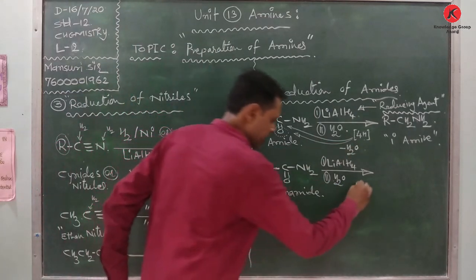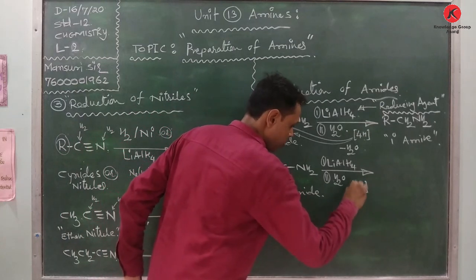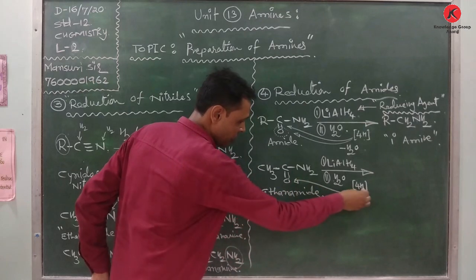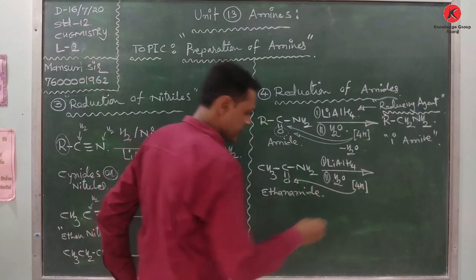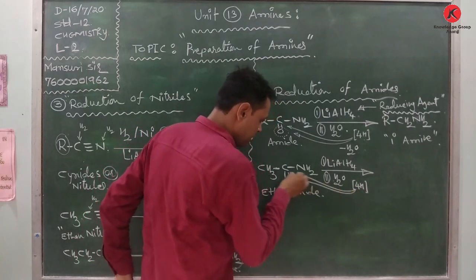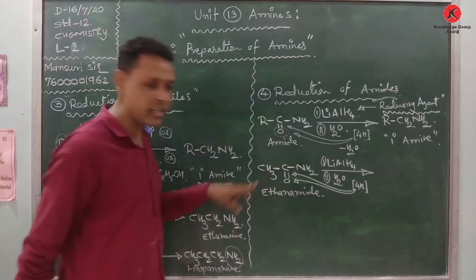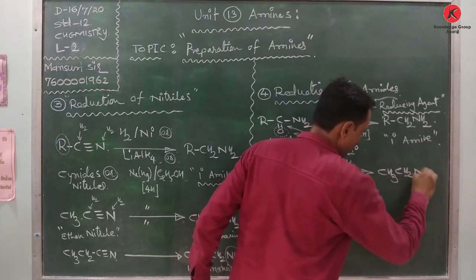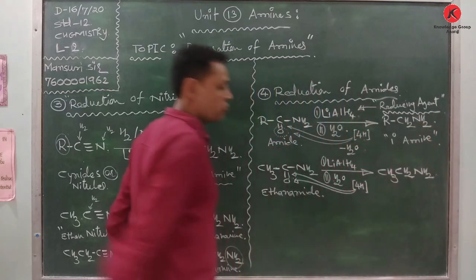Now in this reaction 4 hydrogen will go inside. 2 hydrogen will be removed with oxygen, and 2 hydrogen will go toward carbon. That is why CH3CH2NH2 is formed.